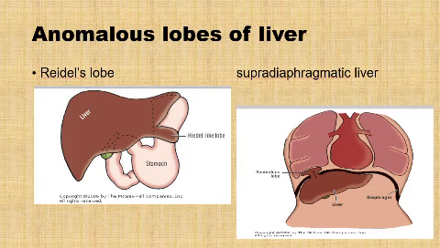Also we have the anomalous lobes of the liver. The anomalous lobes of the liver are Riedel's lobe and the supradiaphragmatic liver.